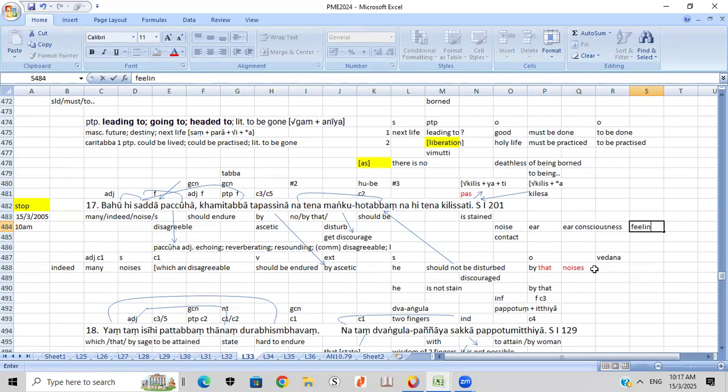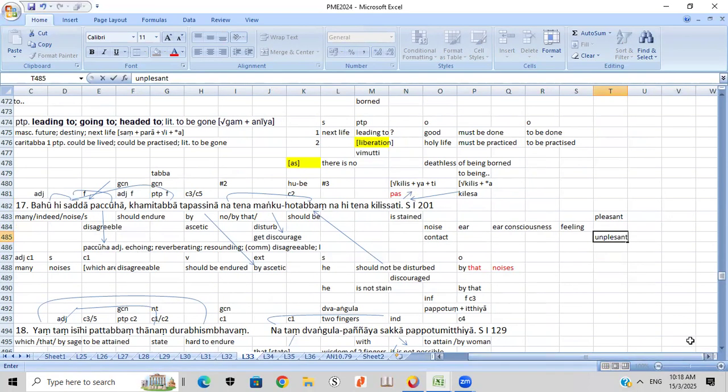All right. So after feeling, the feeling will be either pleasant or unpleasant. So when the noise is pleasant, what will happen?